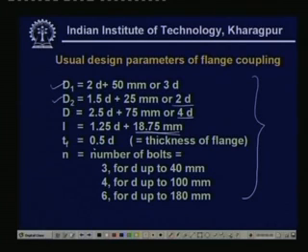Tf, the thickness of the flange, is 0.5 d, and n, the number of bolts, may be 3 for d up to 40 millimeter, 4 for d up to 100 millimeter, and 6 for d up to 180 millimeter. So, these are the usual dimensions which are maintained in practice.